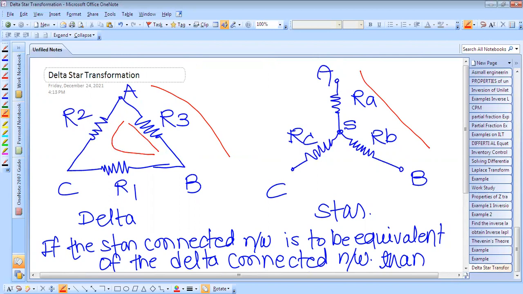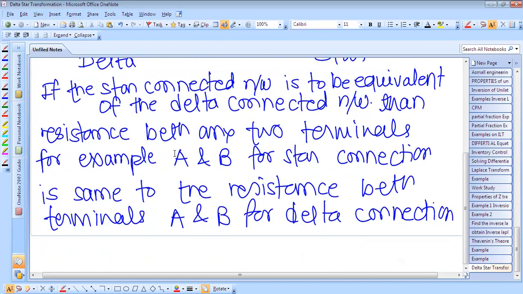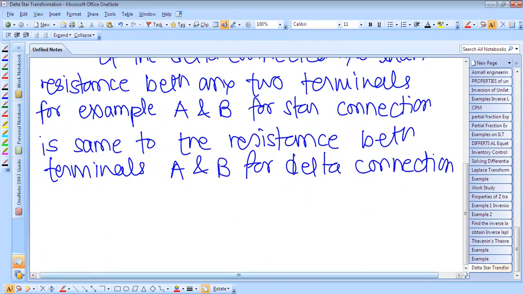If you consider terminals A and B, then there are two paths, parallel to each other, and therefore their resistance RAB we can write as R3 in parallel with R1 plus R2.